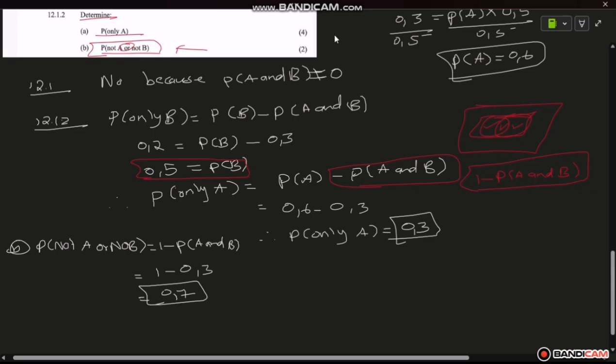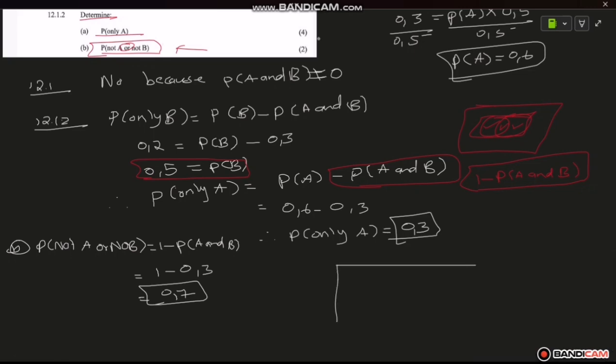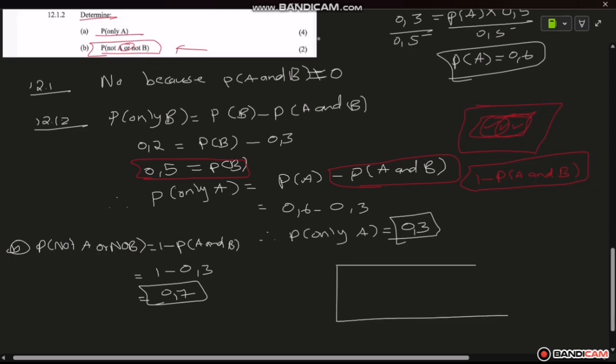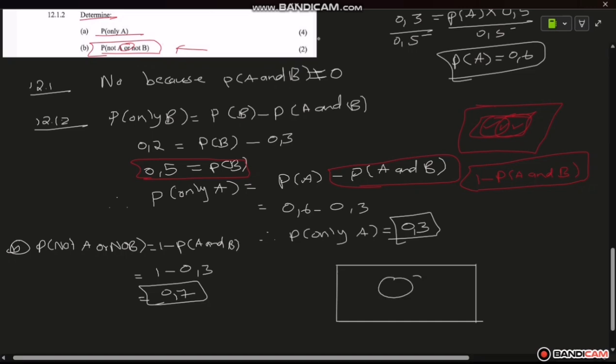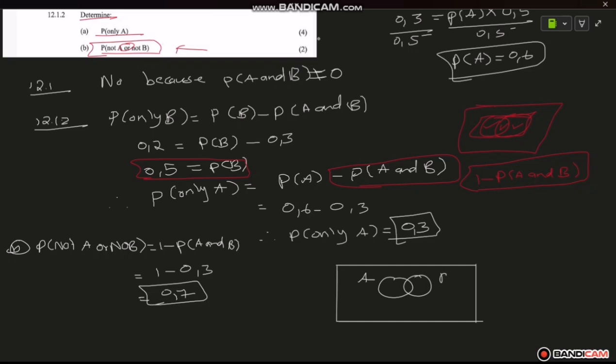Or you can actually draw a Venn diagram. Then you add the probability of not A or not B. So here we're going to have A and B, and the intersection is 0.3.